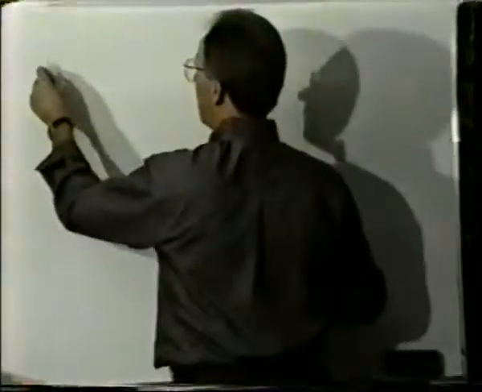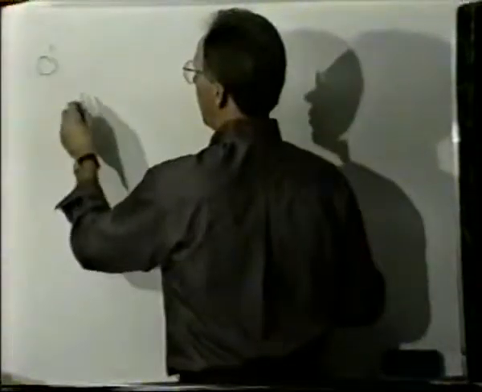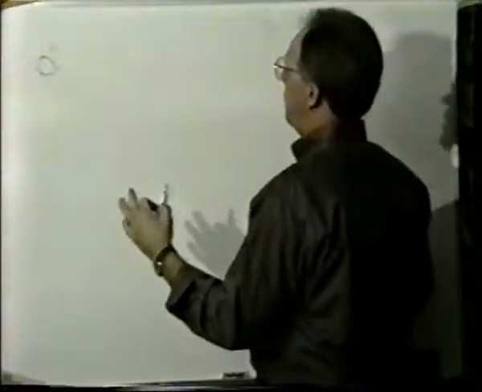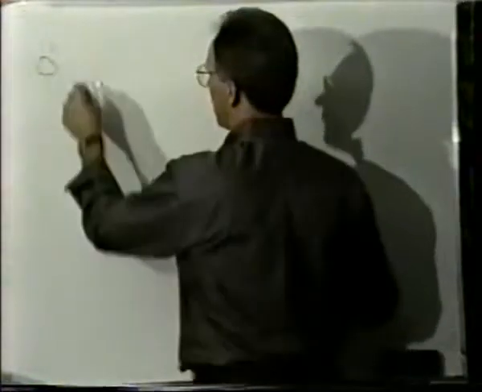Let's take the sentence, the man knows the law. Now you watch and follow along. I'm going to put it on the board, then we're going to go back and examine the sentence and take it apart as much as we can and see what we can learn about this sentence.